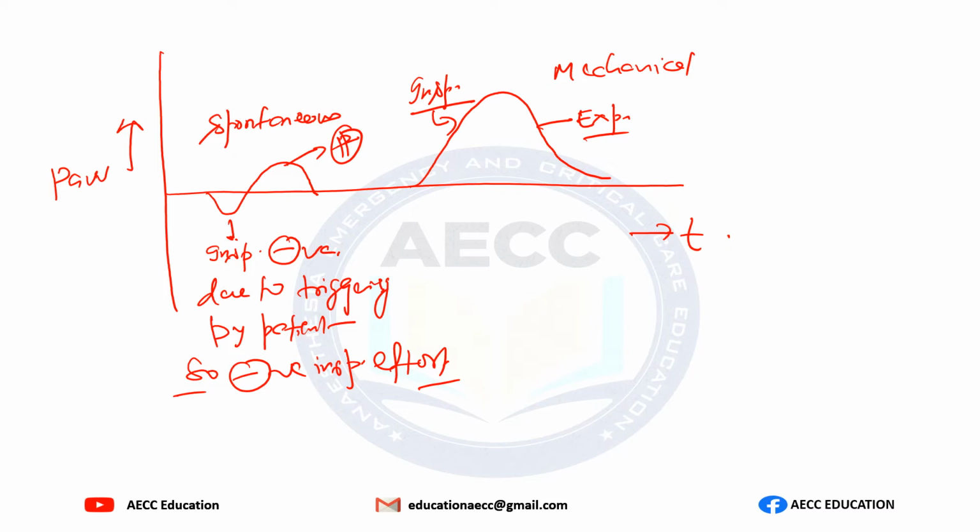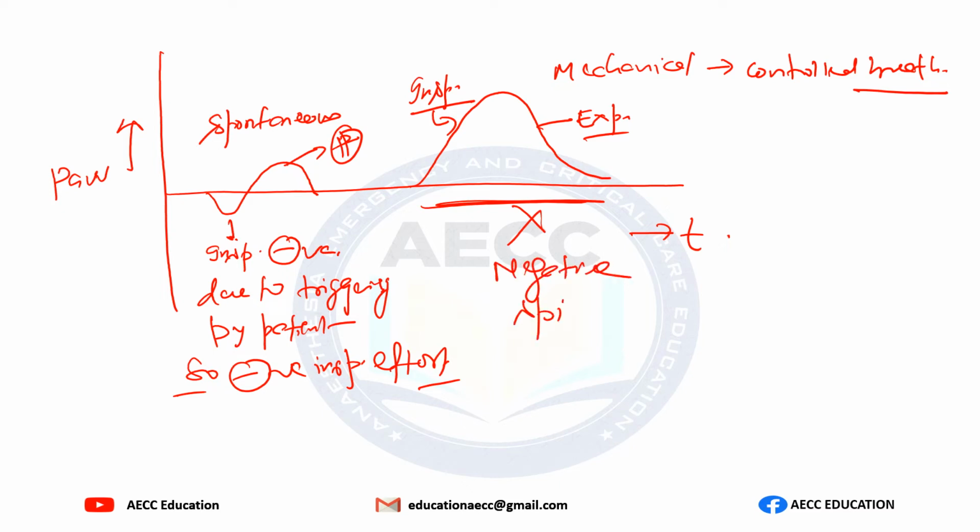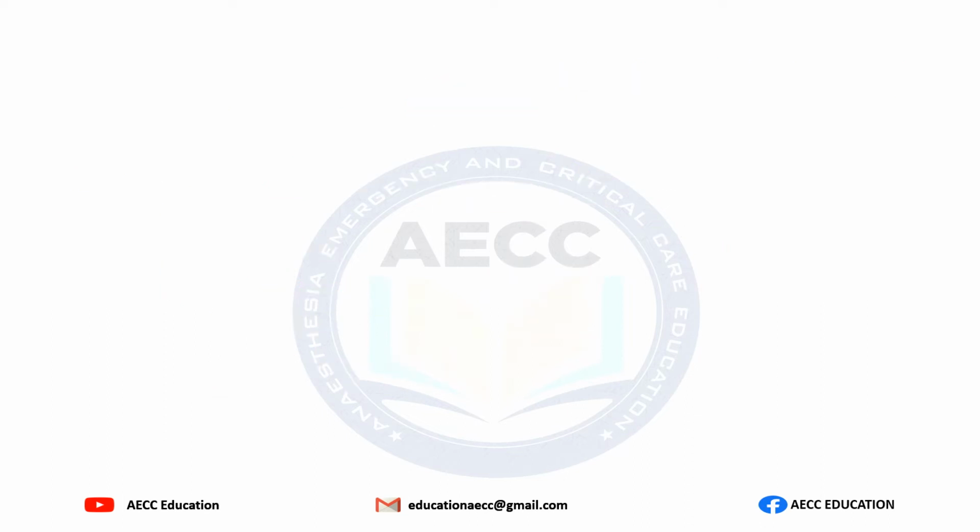On the other hand, this mechanical breath is totally controlled breath when patient is paralyzed or completely sedated. So look here, there is no negative spike. So this is the difference between spontaneous and mechanical breath on the basis of pressure time scalar.